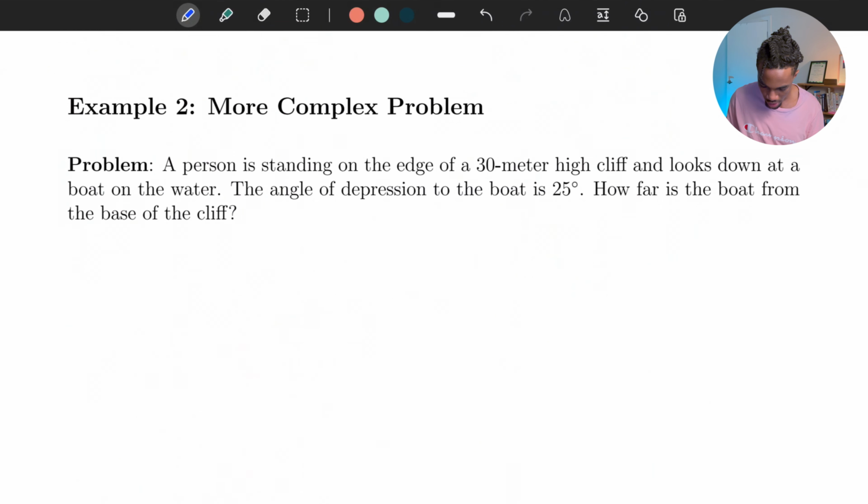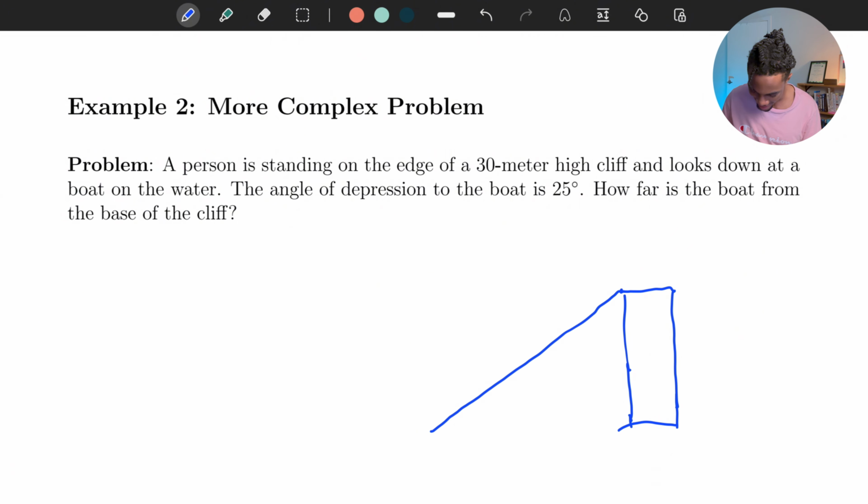Okay, next question. A person is standing on the edge of a 30-meter high cliff and looks down at a boat on the water, pretty much like our first example. The angle of depression to the boat is 25 degrees. So this is 25, that means this is 25 as well. How far is the boat from the base of the cliff? Okay, so this is 30.